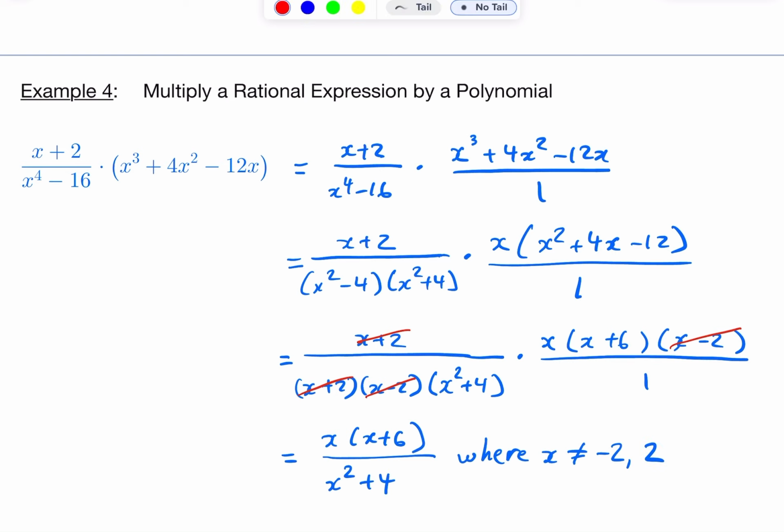Again, finding these values is all about identifying x's that make this denominator 0. So if x were -2, this makes this quantity 0, which makes this whole expression 0. And if x were 2, it makes this whole thing 0, which makes the denominator 0. Okay? So then this becomes our answer.